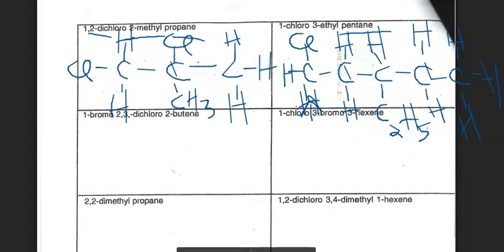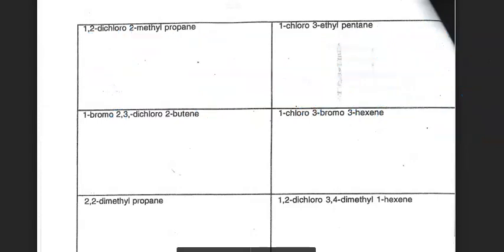All right, we're going to go on to the next 2, and I'm going to erase this mess. Again, go from the right and you're moving left. We have a butene. Bute means 4, so let's put in 4 carbons. 2,3-dichloro.